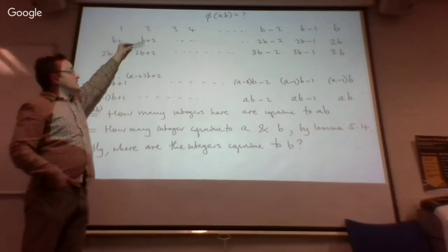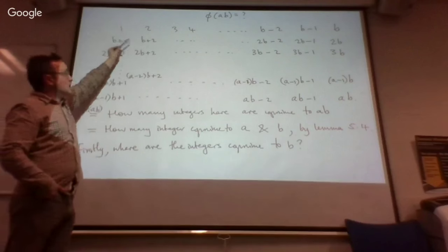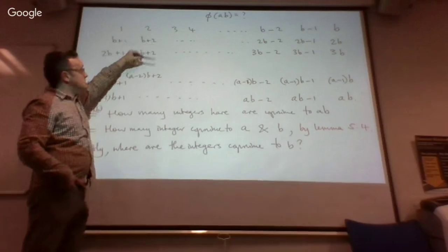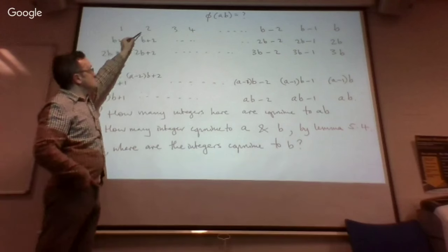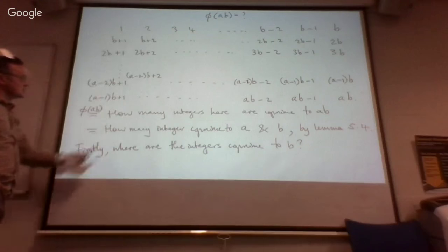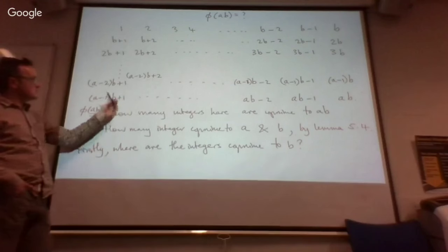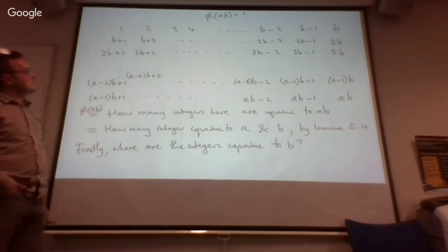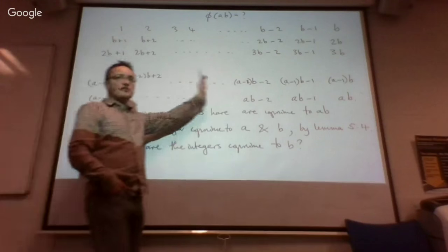Every number in the second column is congruent to 2 modulo B, because they're all a multiple of B plus 2. First one is 0 times B plus 2, B plus 2, 2B plus 2, etc. All the way down to A minus 1 times B plus 2, the one sitting here, which I haven't written. It's the same for every column.